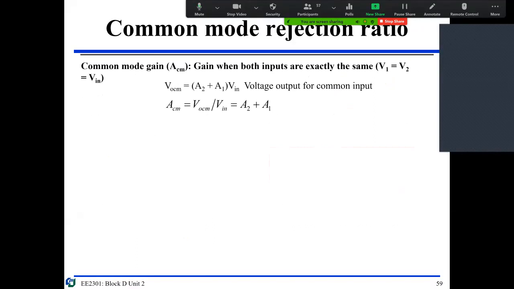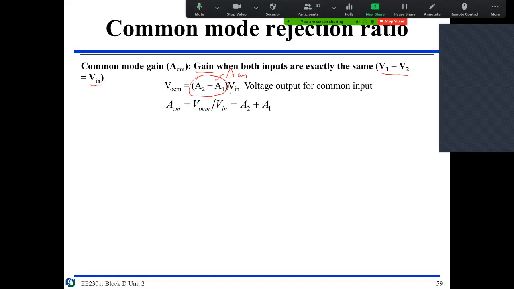Something like this. Common mode is when both inputs are exactly the same. There is V in equals V in. My common mode is written as a gain, and this gain is ACM, common mode gain.